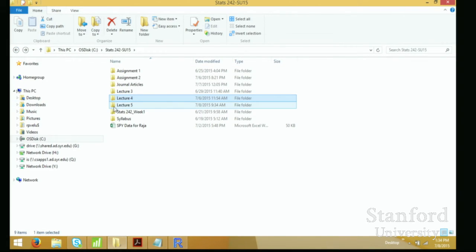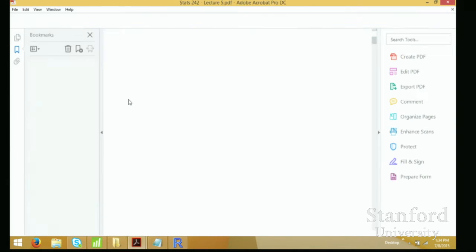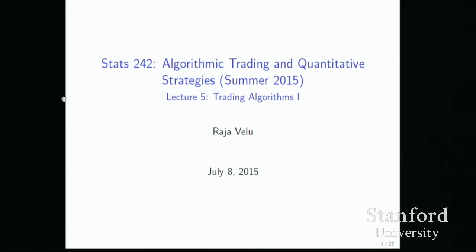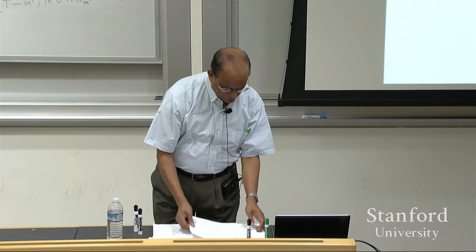So I'm going to start on... you will see that the trading algorithm part comes in 2-3 small areas.